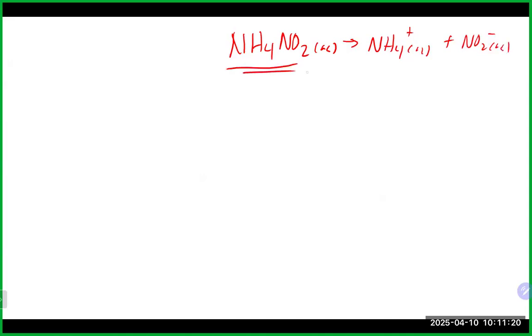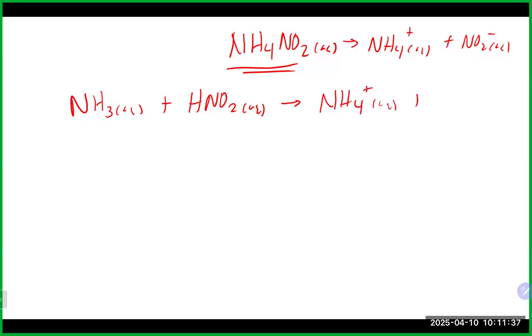And this salt most likely came from ammonia reacting with nitrous acid, not nitric acid, but nitrous acid. And again, here that would produce our NH4 plus and our NO2 minus.